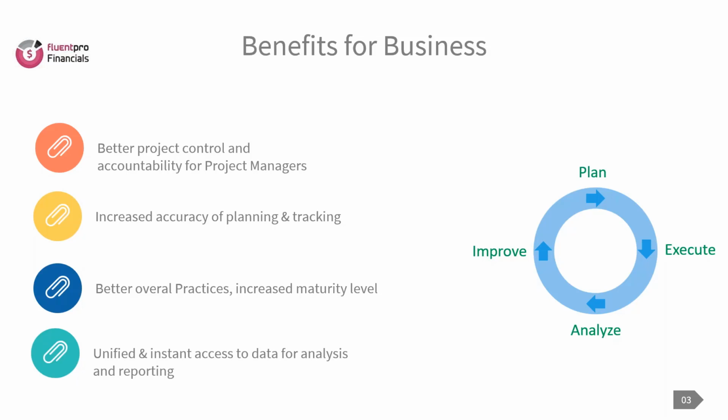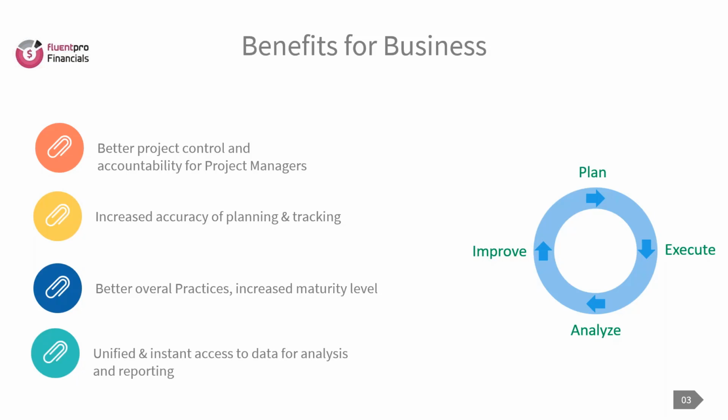You will have better project control and absolutely will have accountability for project managers. As a result of multiple iterations, having all that information, you will have increased accuracy of planning and tracking for your projects in general, for your portfolio management. Your maturity level will increase because you are controlling more aspects of projects than just schedule and resources. You're tracking costs, you're managing costs, you're managing expectations.